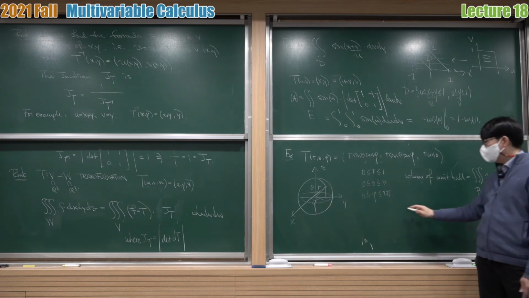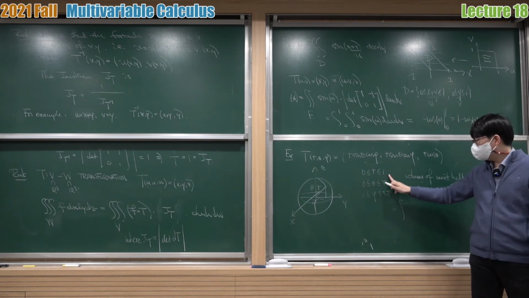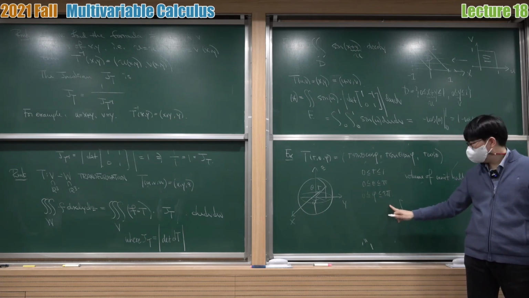But that can be substituted: the ball can be mapped from a rectangular box of this range.